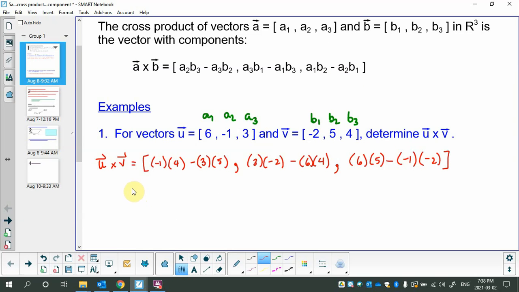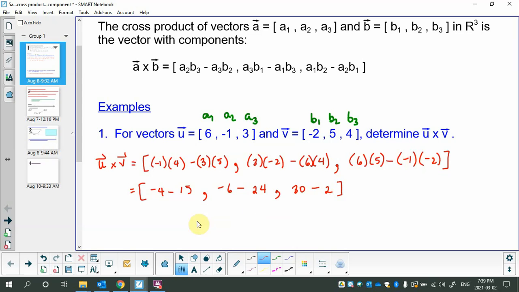Okay, so now I'm going to figure out all these pieces. So square bracket here. This is -4, subtract 15, big comma. This is -6, subtract 24, big comma. This is 30, subtract, this is +2.